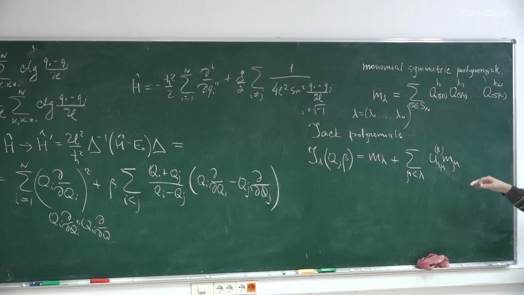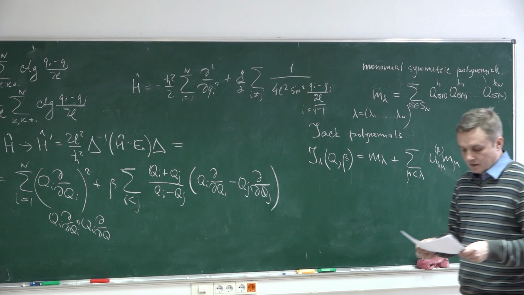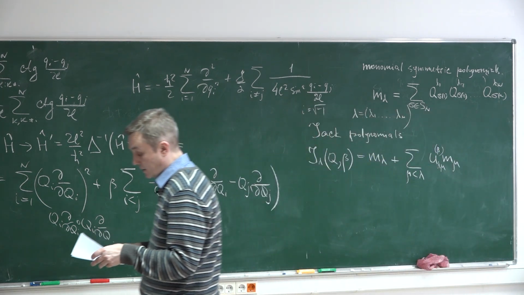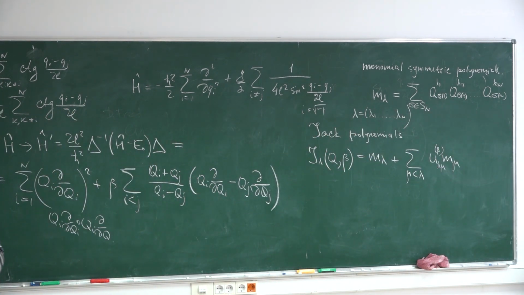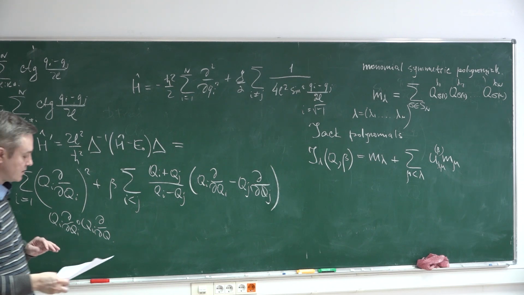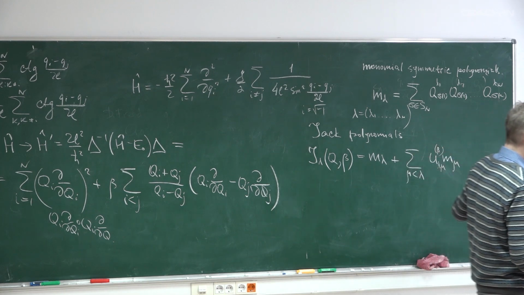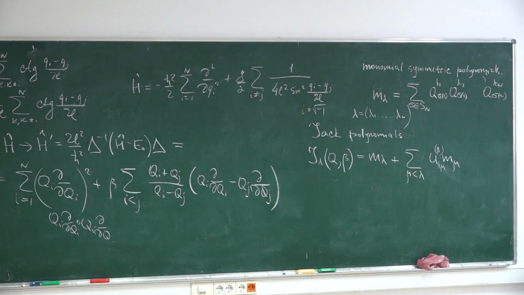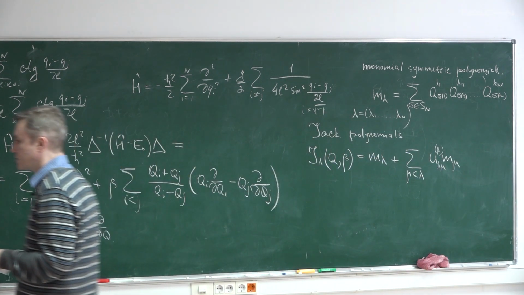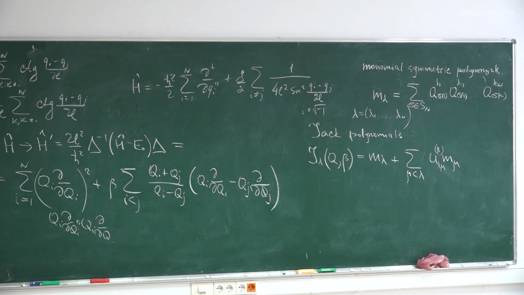The final answer includes a concrete set of formulae for all these coefficients. You may find it in the literature. I won't write it here, but this is just a statement that this ansatz, this substitution works, and it provides a correct answer.